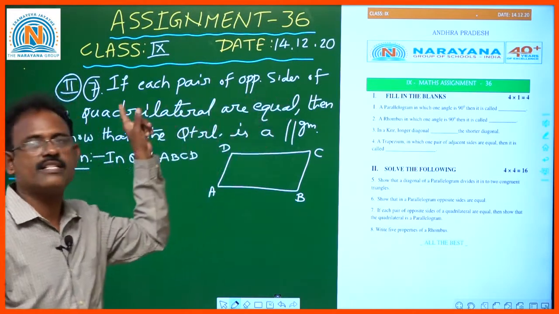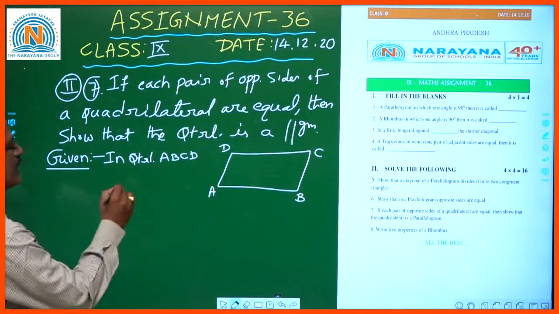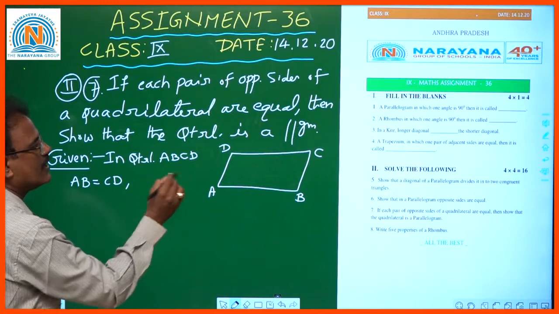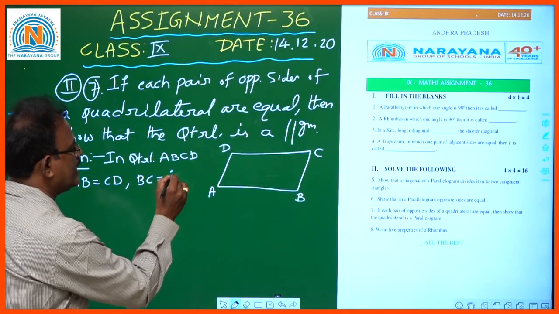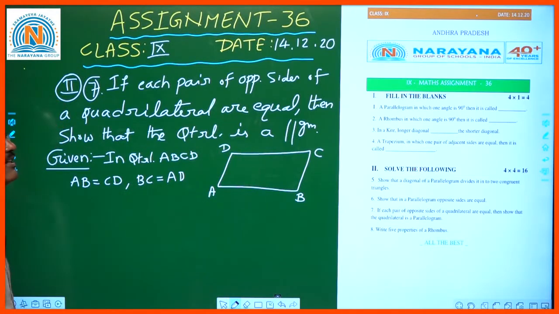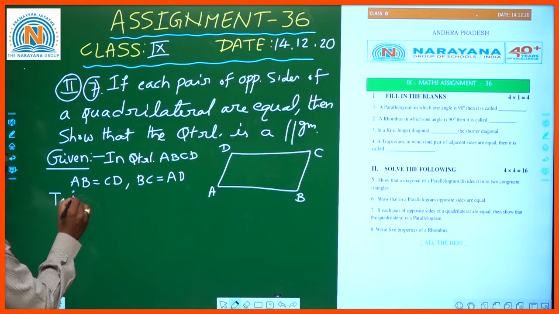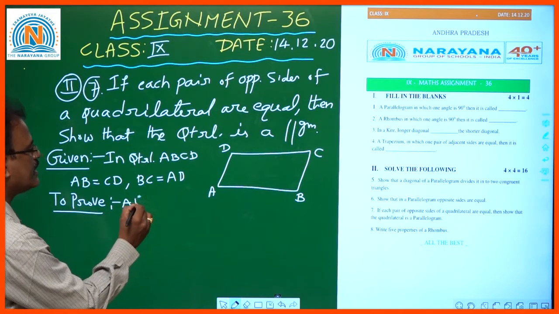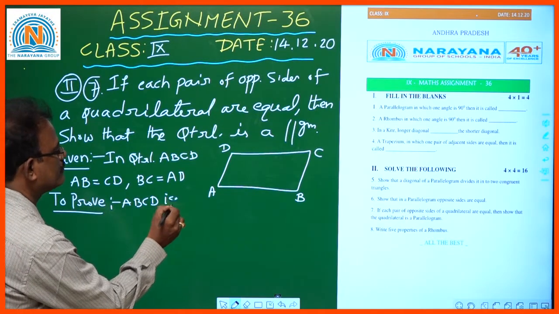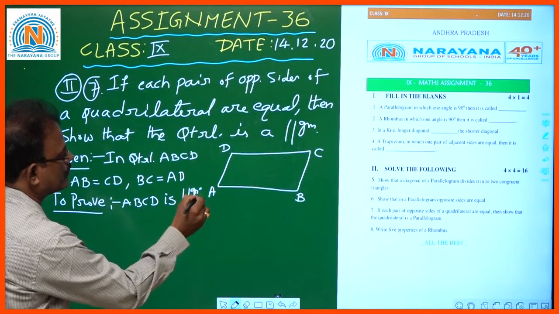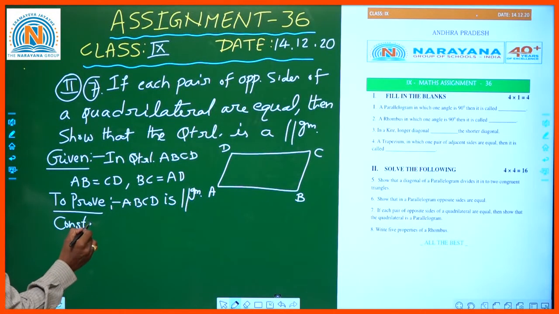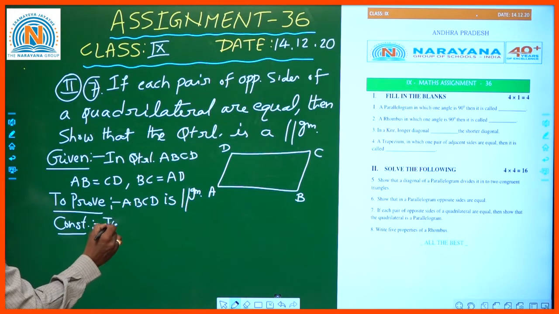Each pair of opposite sides of a quadrilateral are equal. That means AB is equal to CD and BC is equal to AD. Both the pairs of opposite sides are equal in this quadrilateral. Now what we need to prove? To prove ABCD is a parallelogram. Okay. Now again let us take some construction. Join A to C.